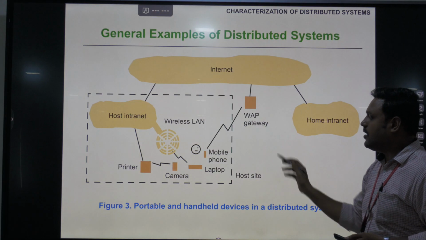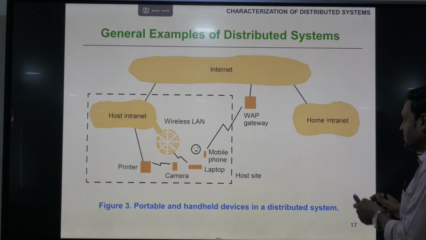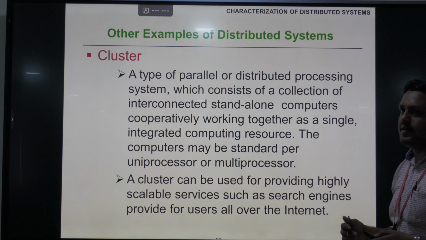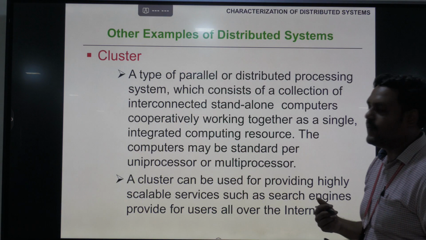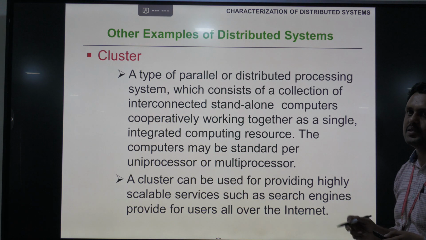Like that, all the handheld devices can also be connected to the internet. And these are the other examples, apart from the internet, intranet and mobile networks, where we can see distributed systems.